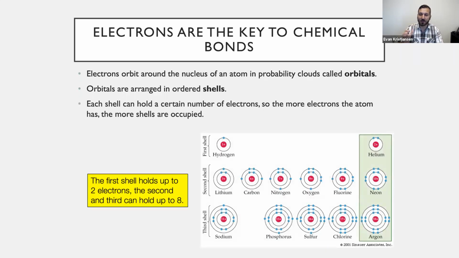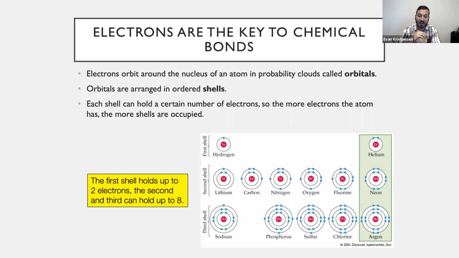This is a little bit outside of the scope of the class. You don't truly have to understand this, but just to show you what these shells look like, they can hold different amounts of electrons. So the first shell can hold up to 2 electrons, and the second and third can each hold up to 8 electrons total.